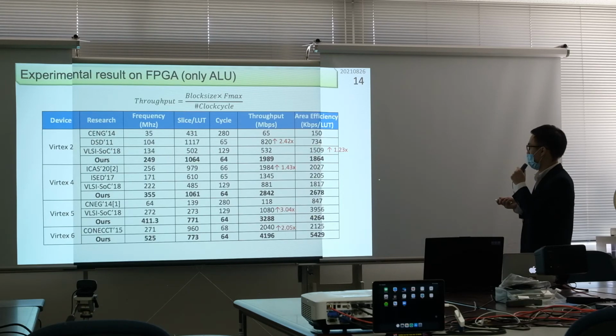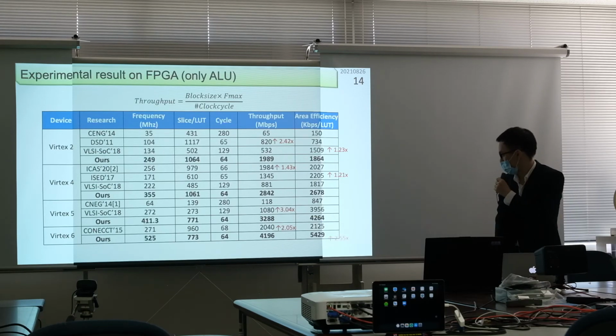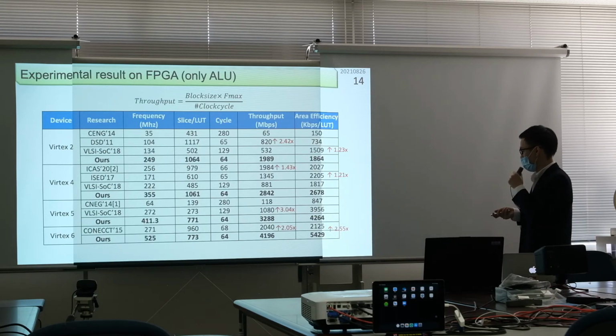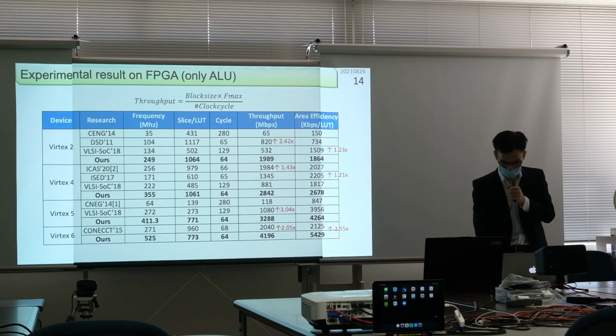Compared with the result on the version 2 platform and the version 4, our accelerator achieved more than 1.2 times, and it is the same with the result on version 6.